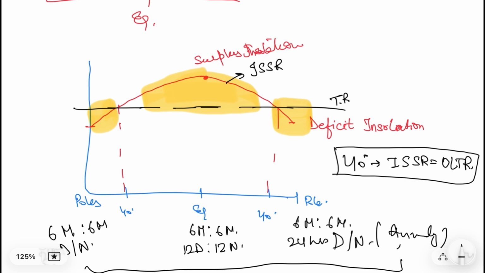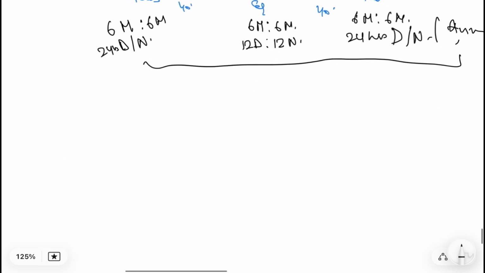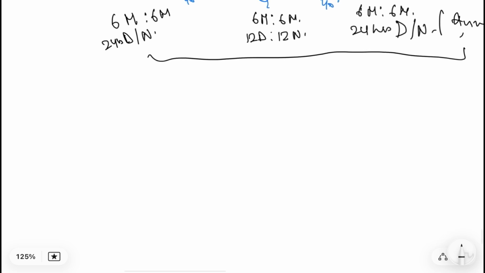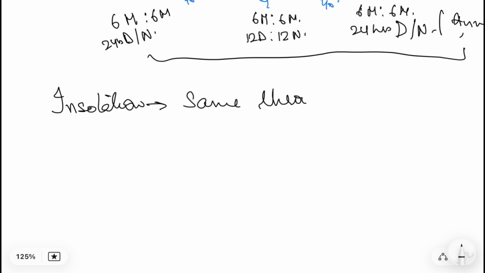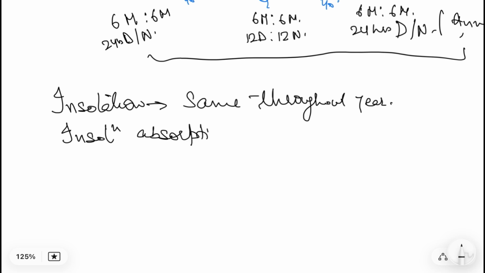So till here, what we have studied about the insolation and the outgoing terrestrial radiation, we can conclude that insolation is the same throughout the year, and the observation of the insolation is different.